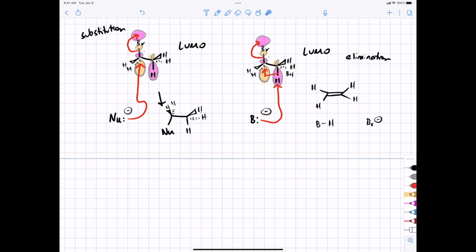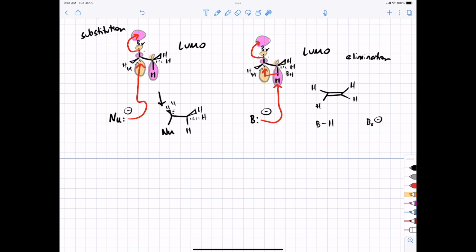Yeah? So, wait, aren't bases nucleophiles? The question was, aren't bases nucleophiles? The answer is yes and no. What? Okay. So how do you know whether something's a good base or a good nucleophile? Let's talk about it while we're here, all right?